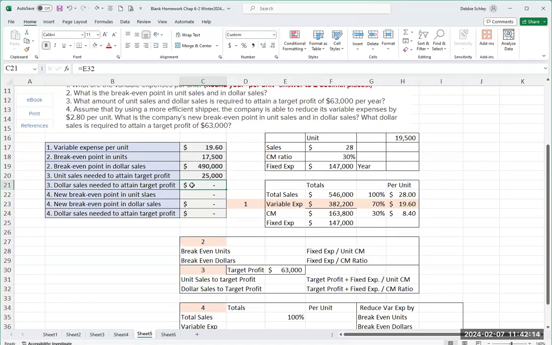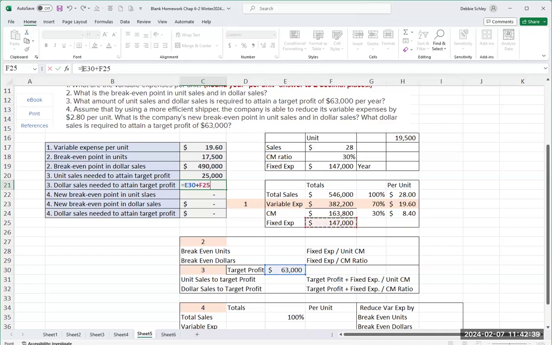Okay, now for required 3, they want to know the dollar sales to the target profit. So again, we have the target profit plus the fixed expenses divided by the contribution margin ratio. So use the ratio to get to dollar sales. So we're going to go equals target profit plus fixed expenses.